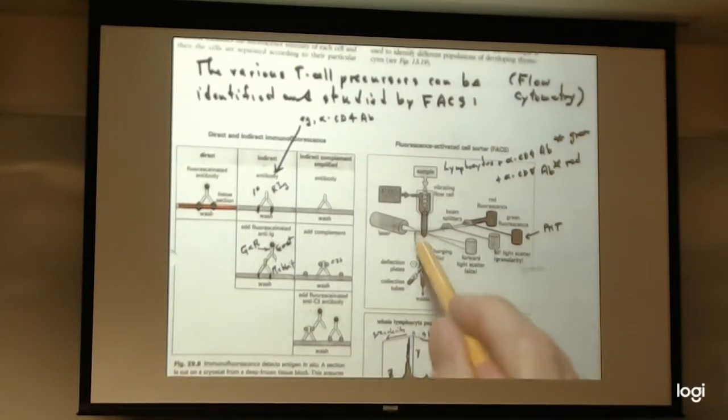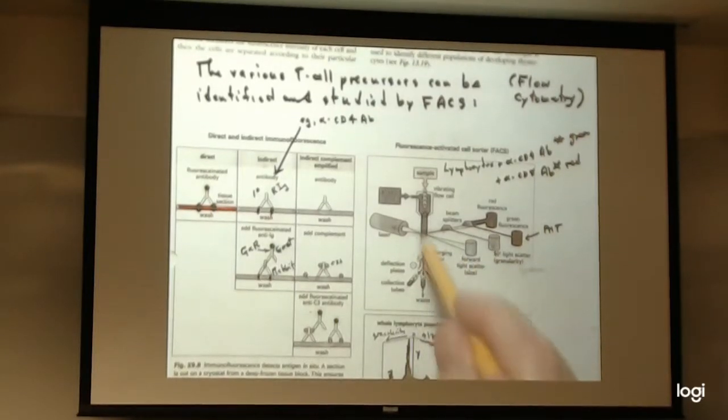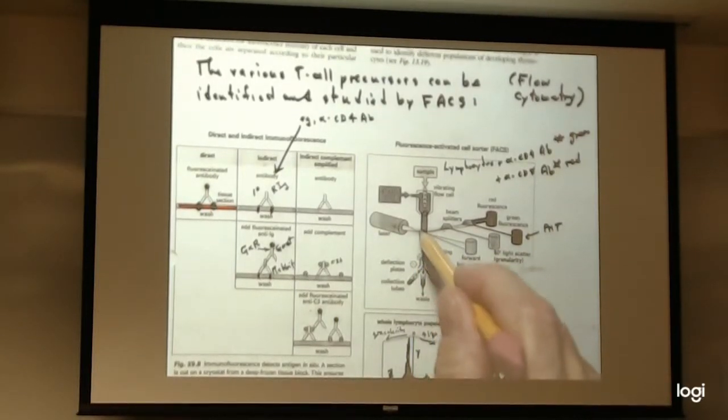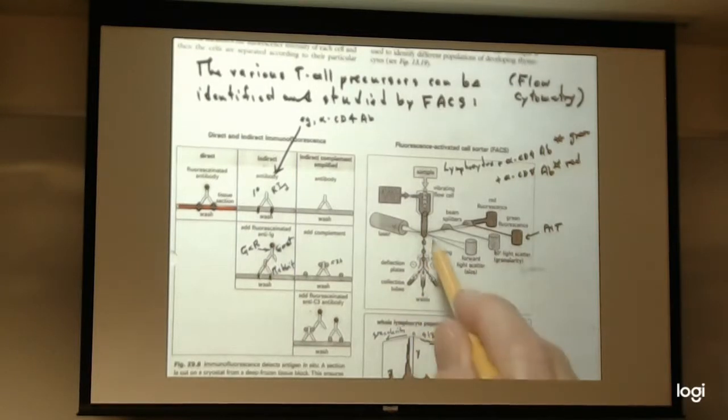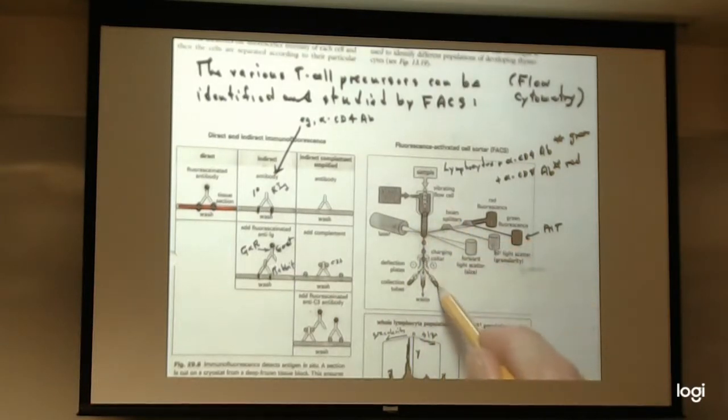The electronics then lets us tag the cell based on its fluorescence. And then we can send some cells off into one tube, maybe the CD4 cells. Other cells in the population, which are CD8, will be sent to another tube for collection.